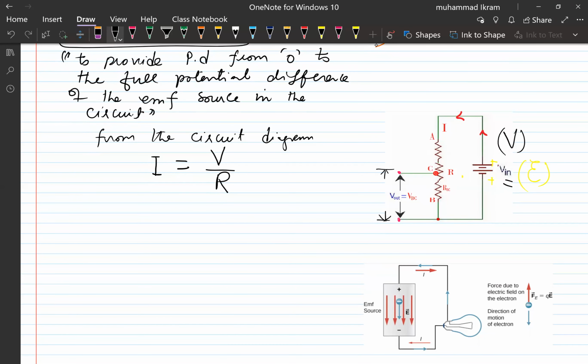VBC will be equal to the current times the resistance at this point, which is RBC. So this is the potential difference you can get.